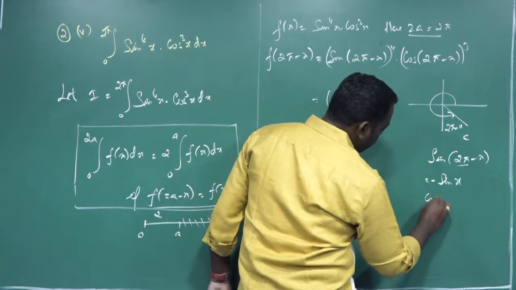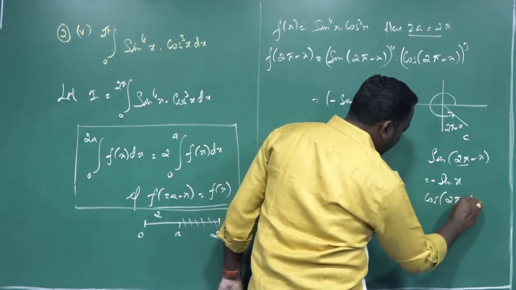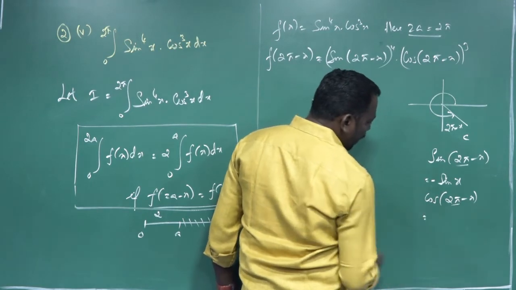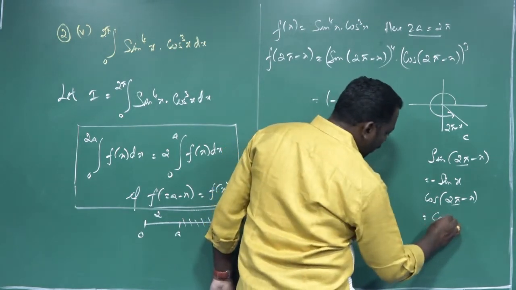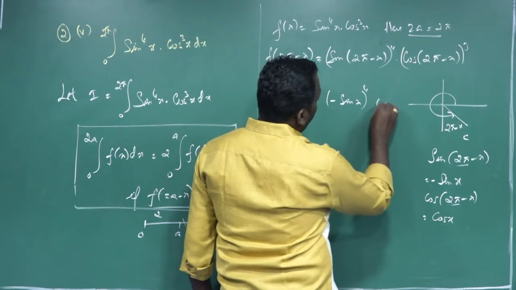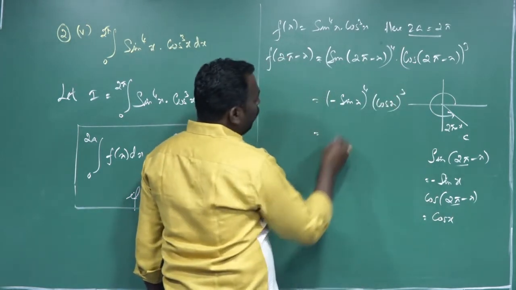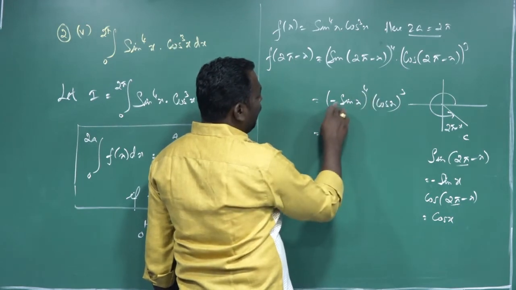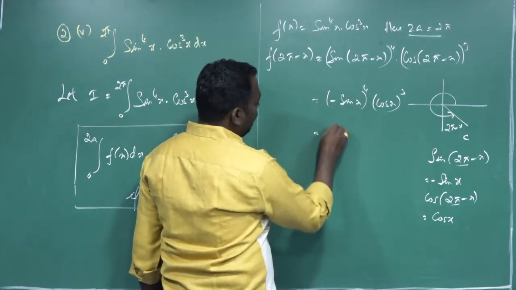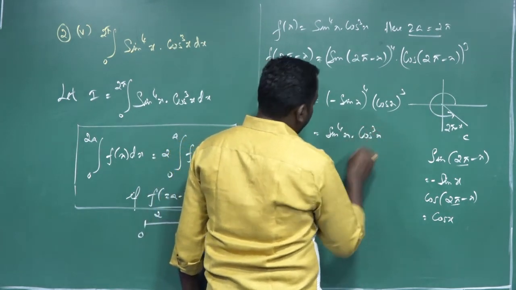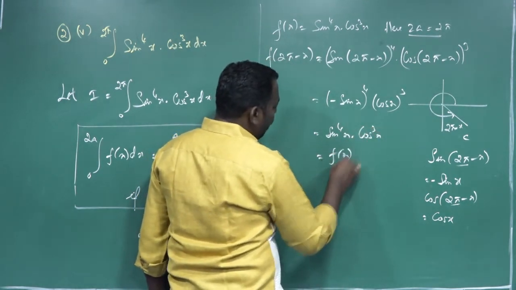Then cos of 2 pi minus x: in the fourth quadrant cos value is positive, and for the supplementary angle cos stays the same, therefore cos x, whole power 3. With the power 4 on the bracket being even, the minus becomes plus: sin power 4x into cos power 3x, which is f of x.